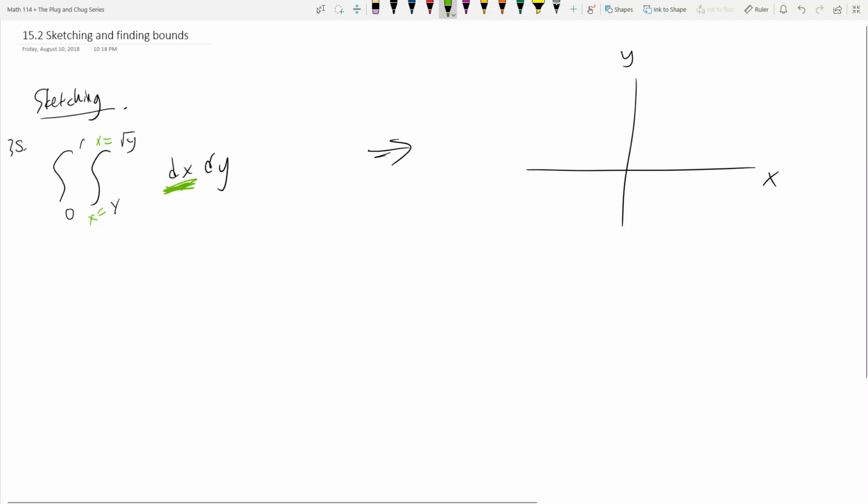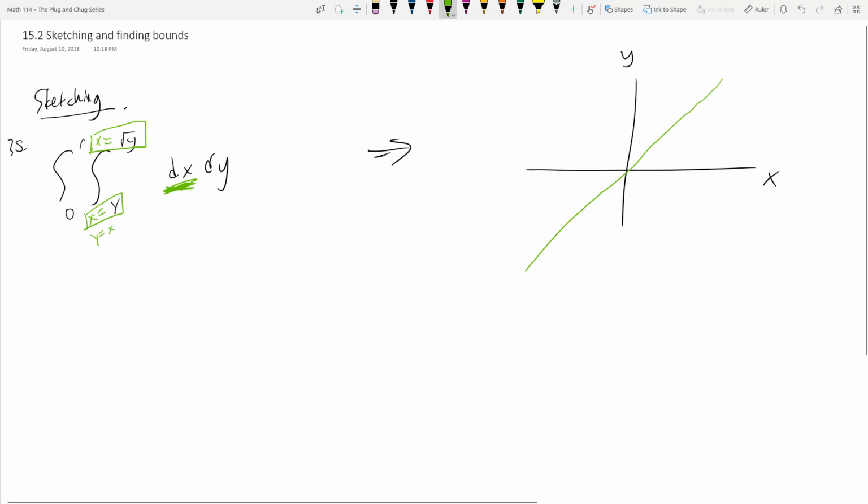So what do I want to do? This means I want to draw x equals root y, and I want to draw x equals y in this picture. What is x equals y? You might be more familiar with it when I write it as y equals x. It's just a 45-degree line through the origin. It looks something like that.